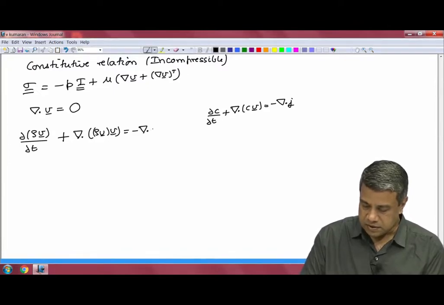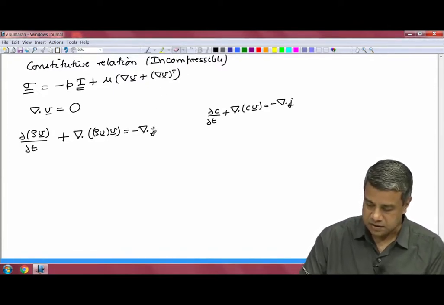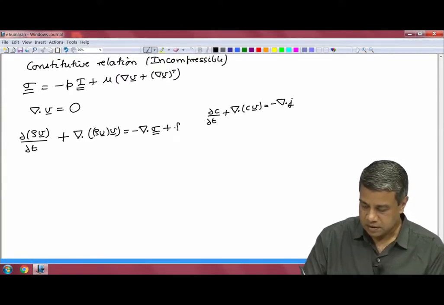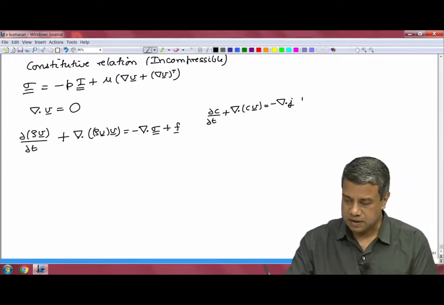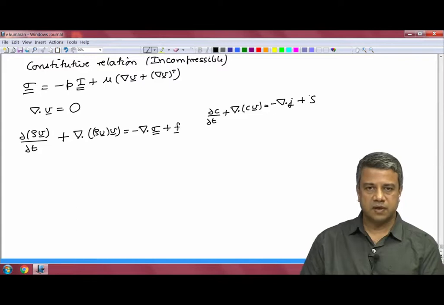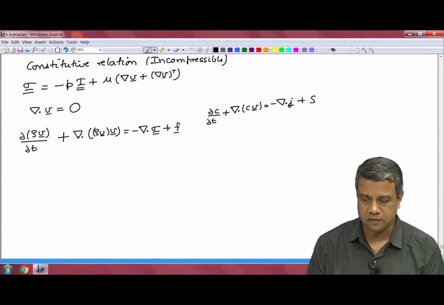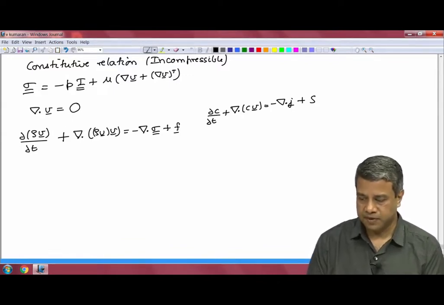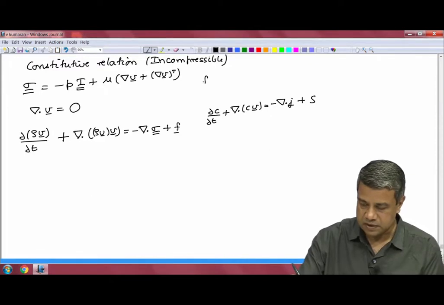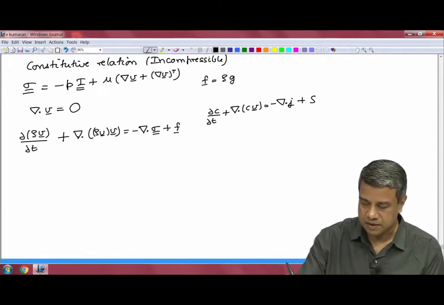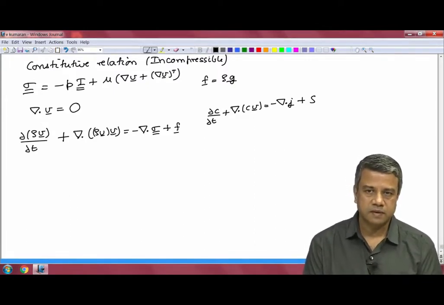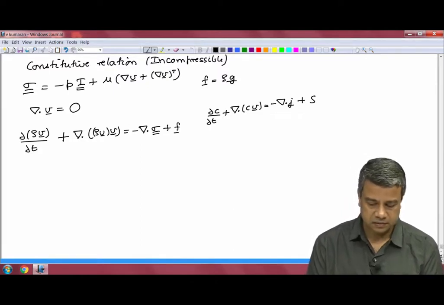Minus the divergence of J, instead of J I will have sigma, plus the body force per unit mass, which is the analog of the rate of production of mass per unit volume per unit time. The equivalent of that is the body force per unit volume per unit time. For example, for gravitational forces, F will be equal to rho times the gravitational acceleration. F is the body force density, force per unit volume, which is the mass per unit volume times the gravitational acceleration.